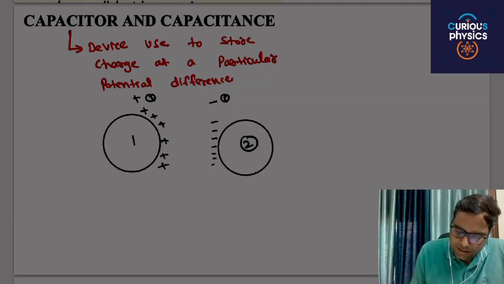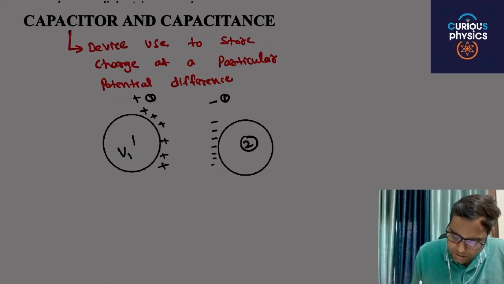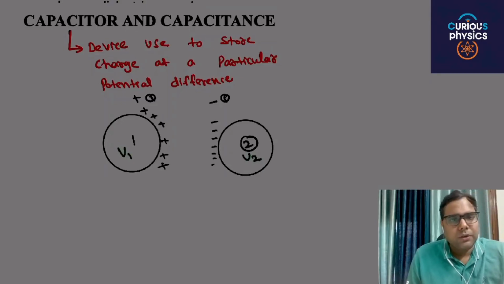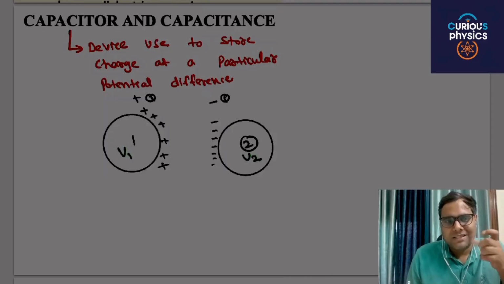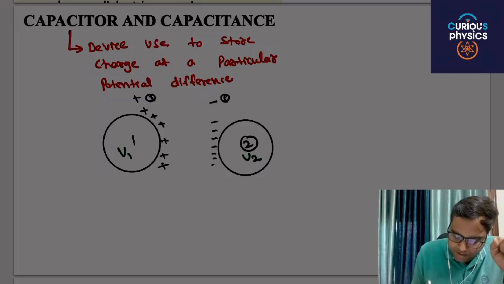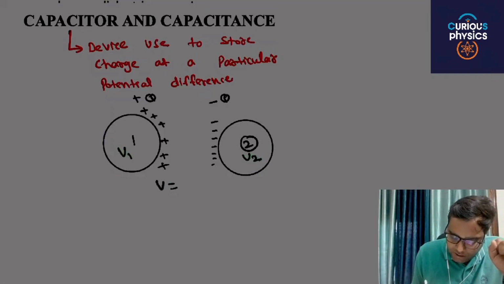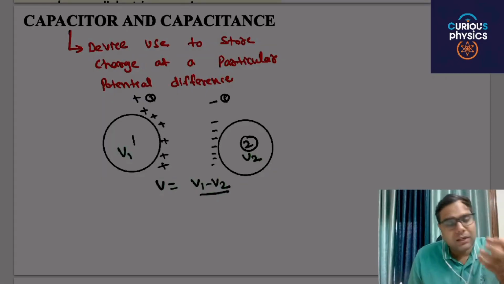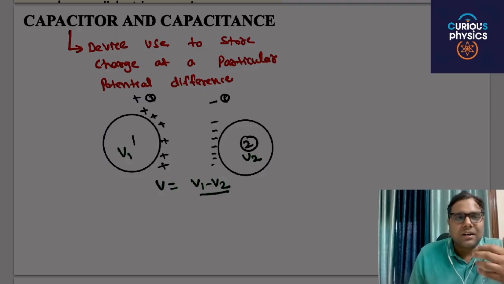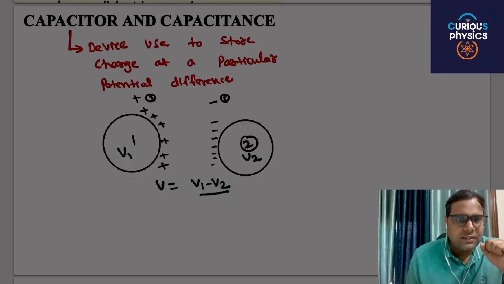The first conductor is at potential V1 and the second is at V2 due to this charge distribution. If I change the charge on the surfaces, then the potential will automatically change. Let's say the potential difference is V equals V1 minus V2, the potential difference between conductor 1 and conductor 2, and conductor 1 is at higher potential. Are you able to understand my point?